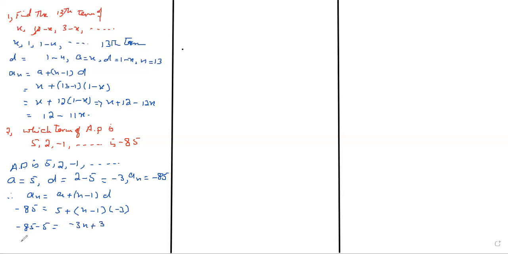So this is equals to minus 90 minus 3 equals to minus 3n. So 3n equals to 93 and n equals to 93 divided by 3 equals to 31.